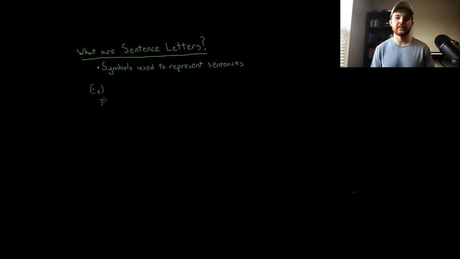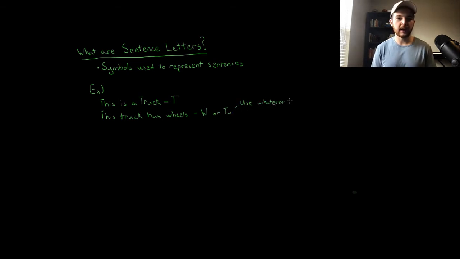We can symbolize the sentence, "This is a truck," by using the sentence letter T. We can symbolize the sentence, "This truck has wheels," by using the sentence letter W or TW. Use whatever will help you remember what the symbol or the letter stands for.